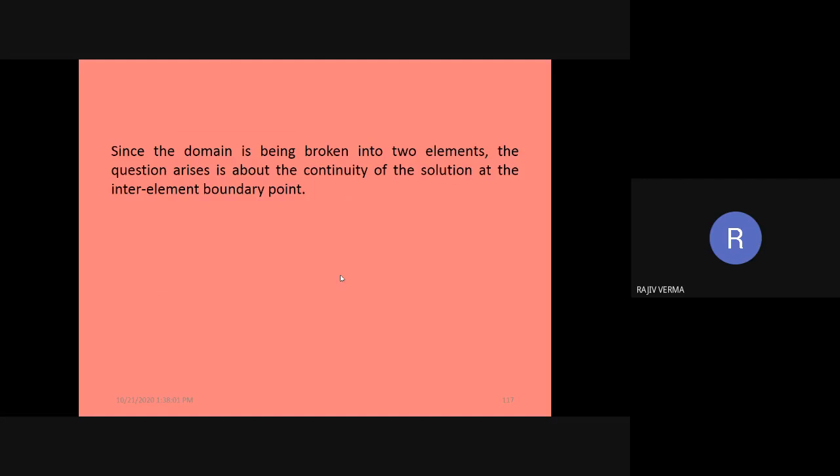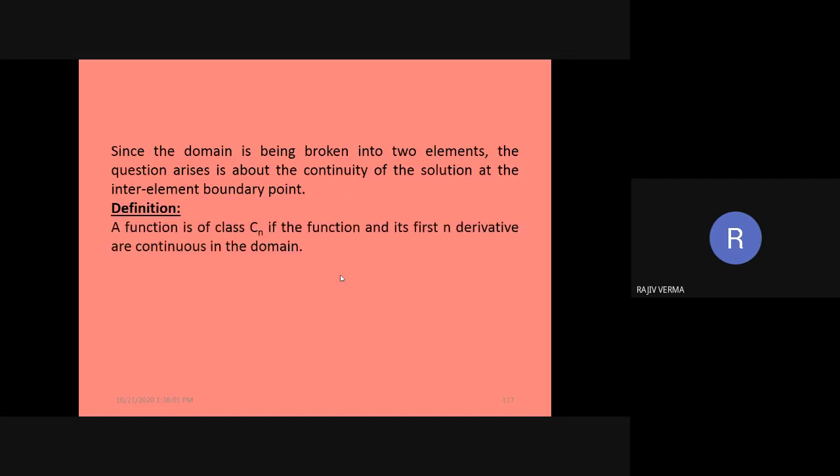Please remember that within each element, the solution is continuous. What we are talking about at this particular point is the continuity of the solution at a location which is inter-elemental, between any consecutive elements. Now this gives us the definition of continuity.